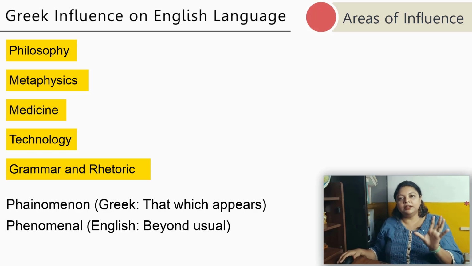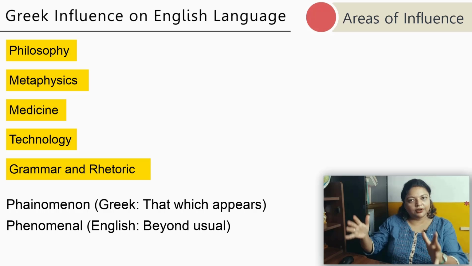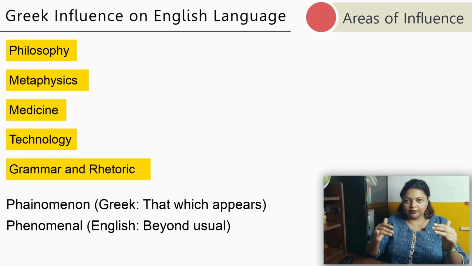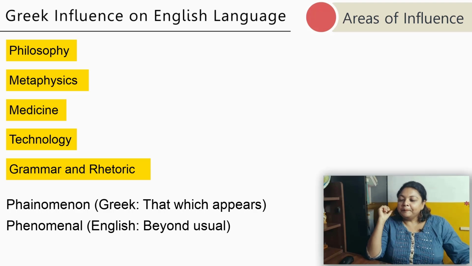Phenomenal was initially used only as a philosophical term or a term used in philosophical discussions. Phenomenal world means the world as it appears in front of your eyes. Alright, which is related to the word phenomenon, happening, real.